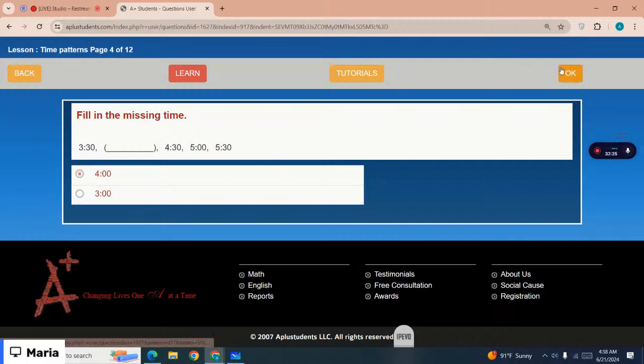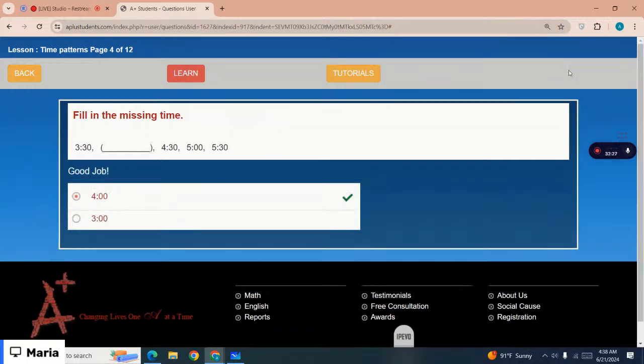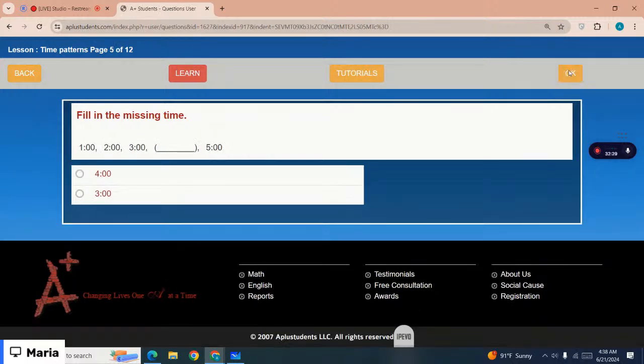Very good. The correct option is 4. Fill in the missing time. Which is the correct option?